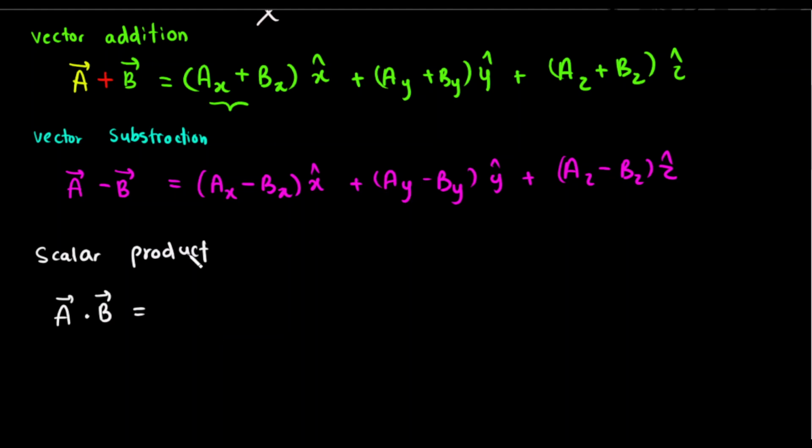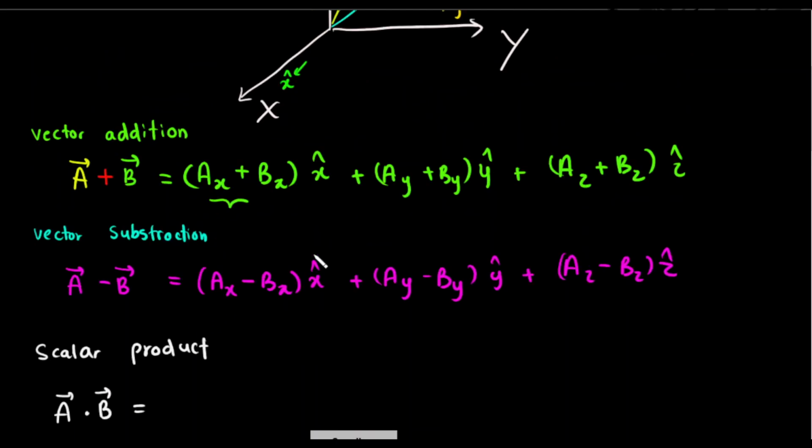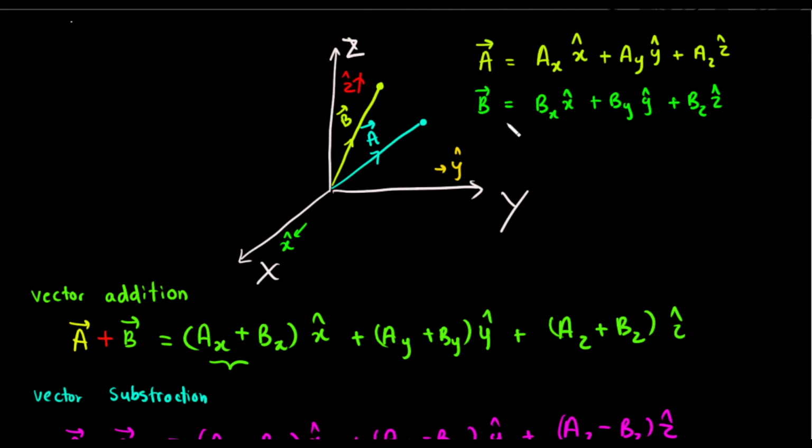Okay, next I'm going to derive an expression for the scalar product of two vectors. I have taken a and b as my two vectors. From the beginning I have mentioned what those vectors are: ax x hat plus ay y hat plus az z hat is the a vector, and likewise we have an expression for the b vector as well.